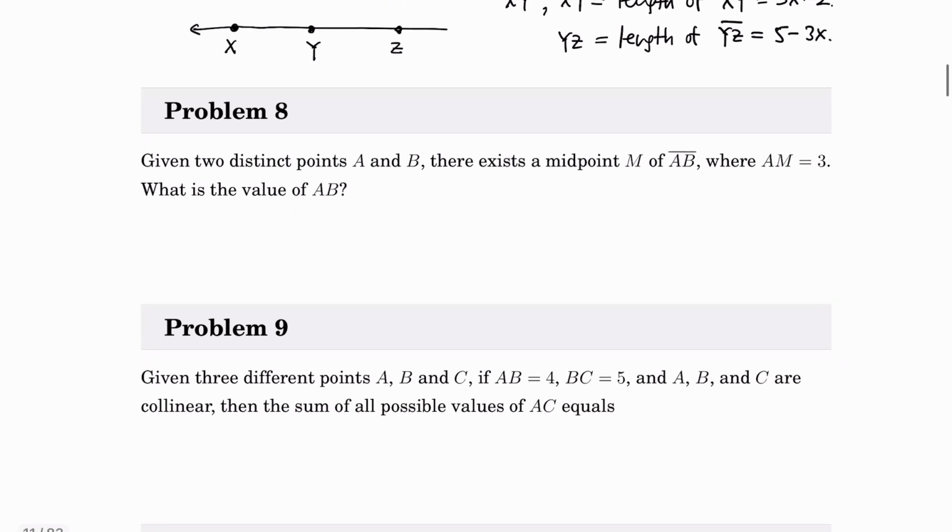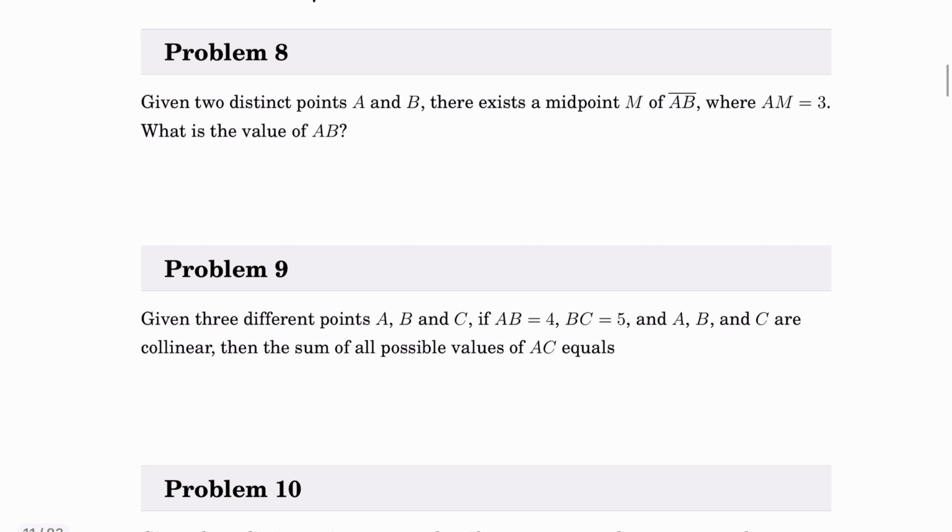And problem number 8, given two distinct points A and B, draw A and B. There exists a midpoint M. Normally, a midpoint is unique. It should stay on the same line as AB, and it should also stay in the very middle of those two points. So we call this M. Now, AM is supposed to be 3.